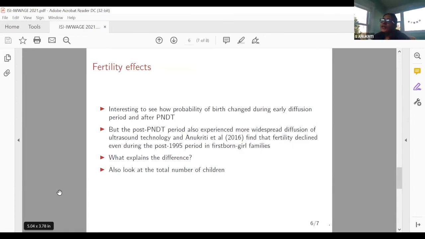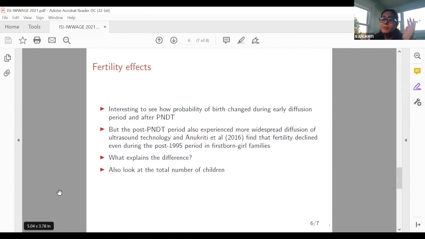I liked the table where you see how the fertility effect switches in the early diffusion period and then the PNDT period. But then I was a bit confused, because in our paper we are splitting the sample into pre-85, 85 to 95, and 95 to 2005.